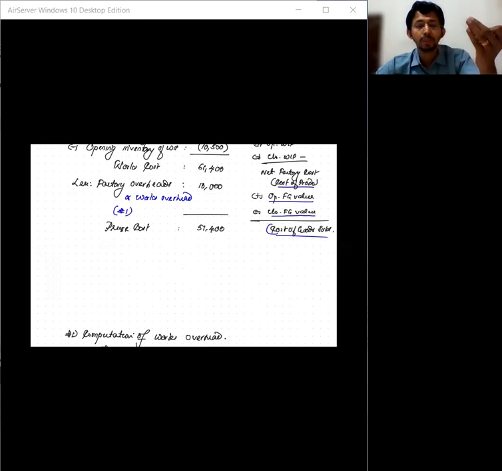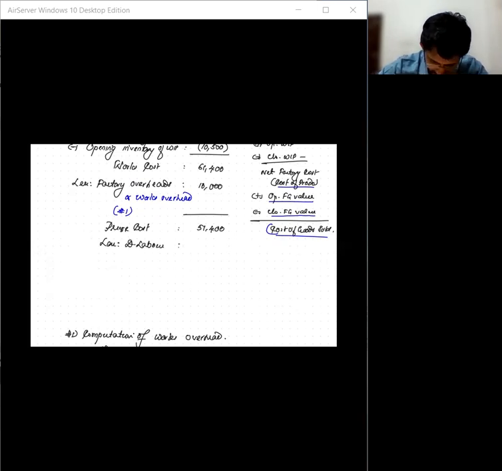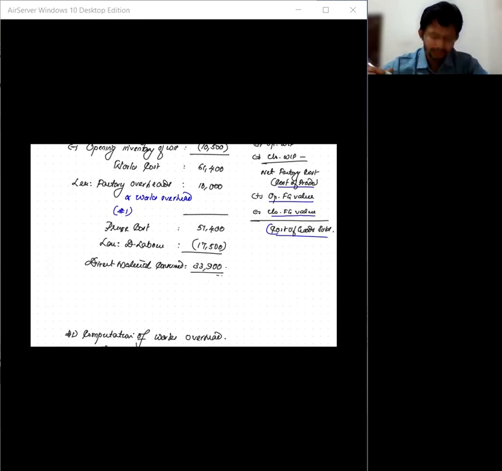So from the prime cost, which is the value of raw material consumed, less direct labor, that is 17,500. So direct material consumed is 51,400 minus 17,500, and that will be how much? 33,900. This is the raw material consumed.